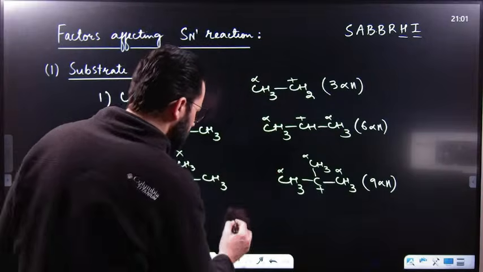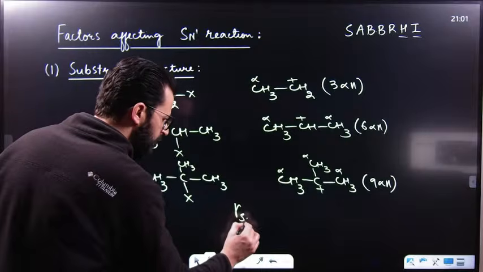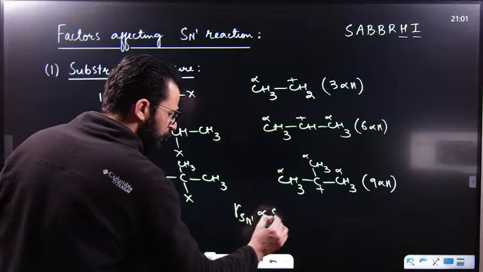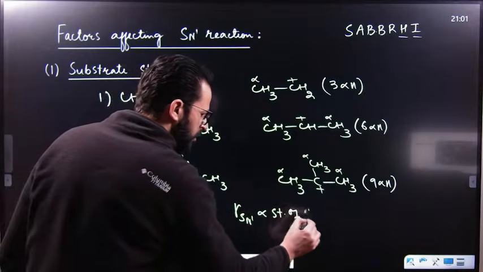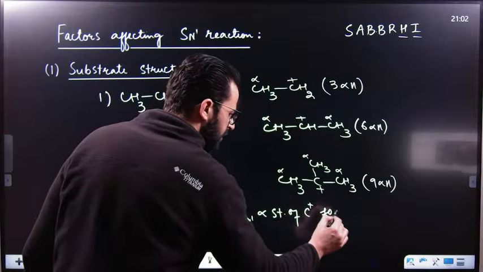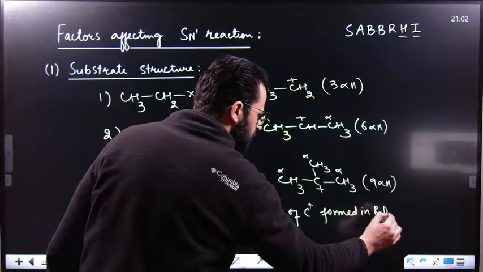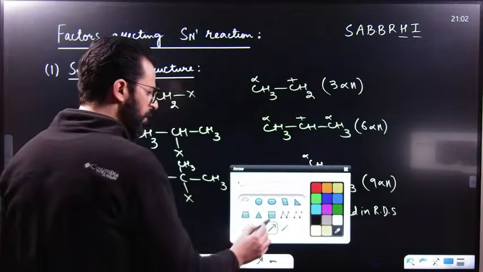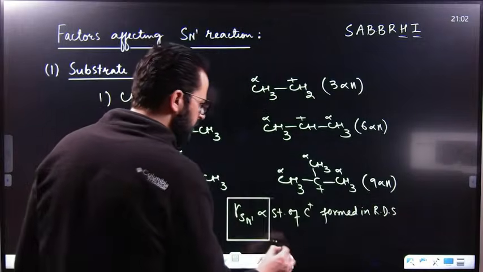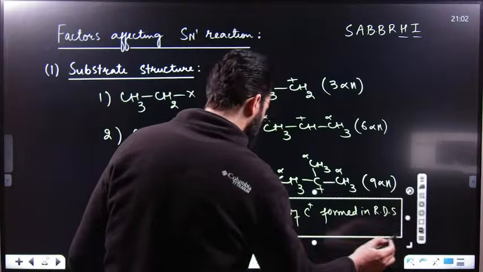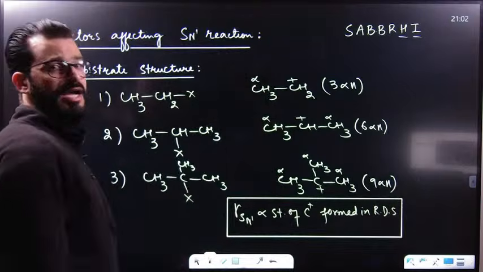And remember, rate of SN1 reaction is directly proportional to stability of carbocation formed in RDS. That means substrate which forms most stable carbocation can show more easily SN1 reaction.